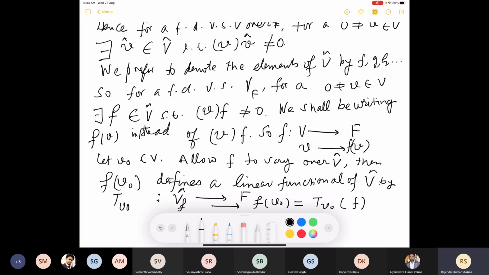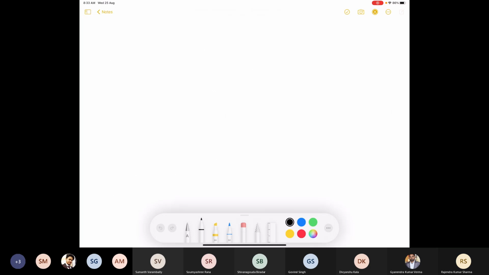What one can prove is that, in fact, this is a linear functional. That means this is a homomorphism. So this you can prove. So what is to be proved? That T_v0 is a homomorphism over F from where to where?